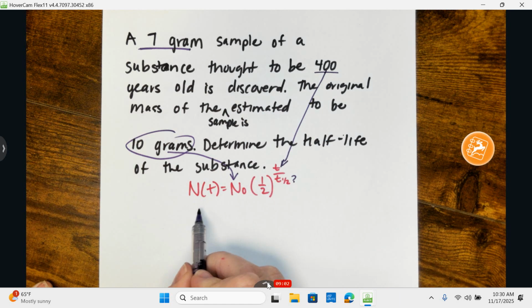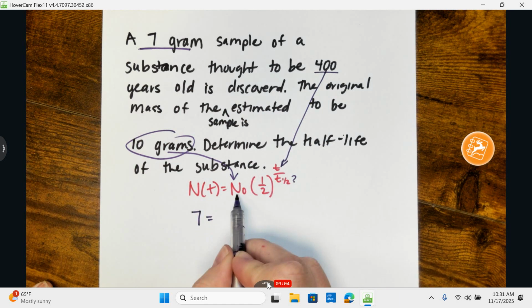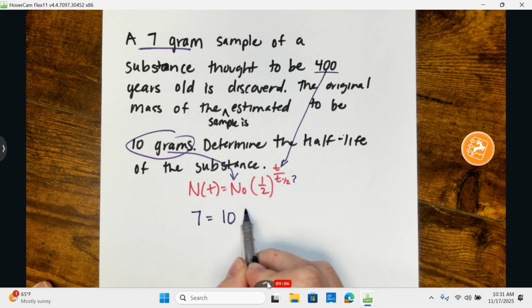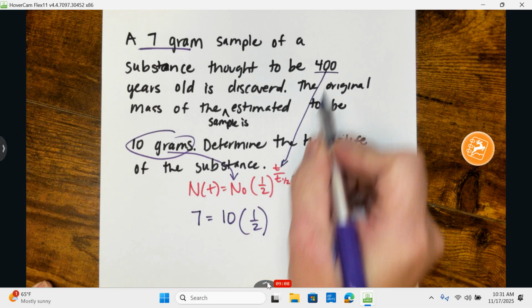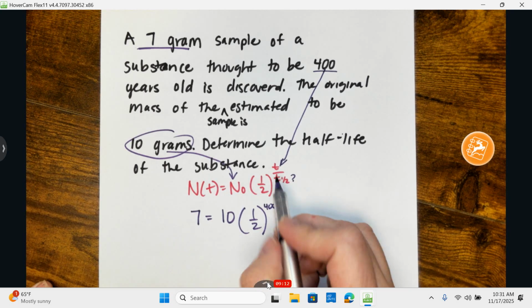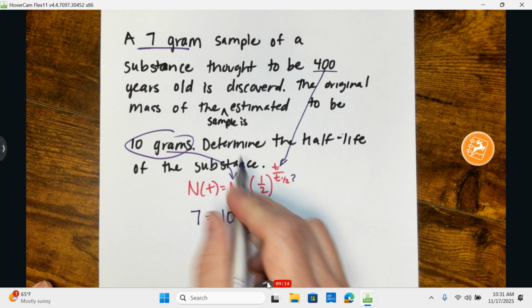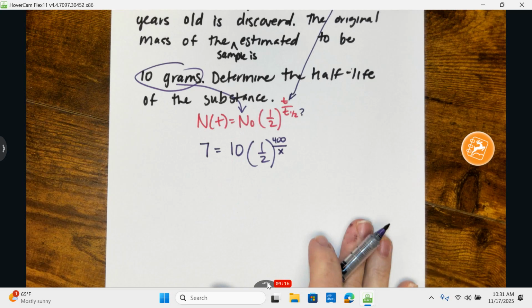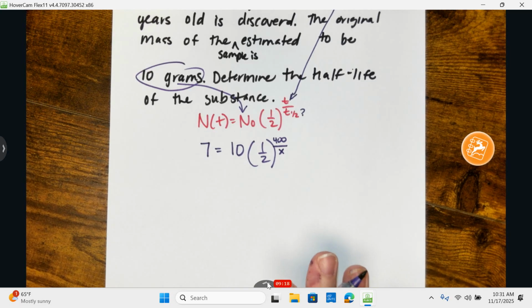So remaining is always going to be the N of t. We know the initial amount was 10. We know the time that's elapsed to get this amount is 400 years, and we want to know what the half-life is. Slightly different than our previous 2 examples.